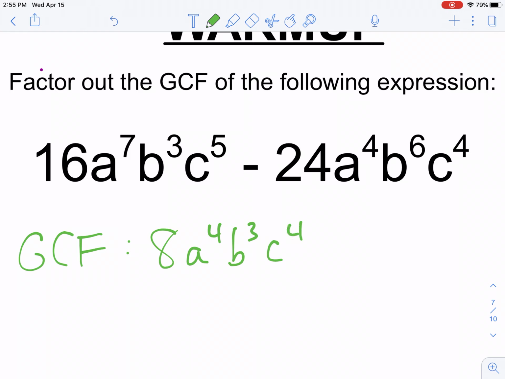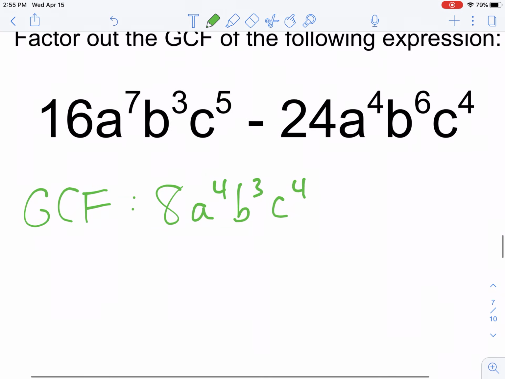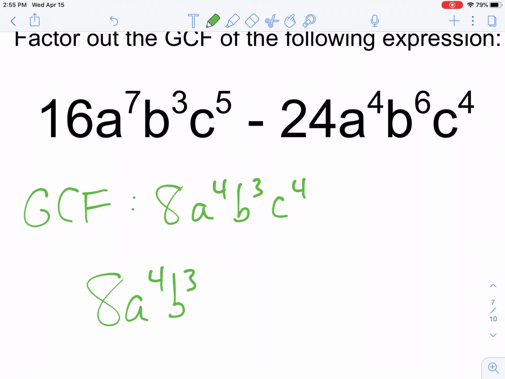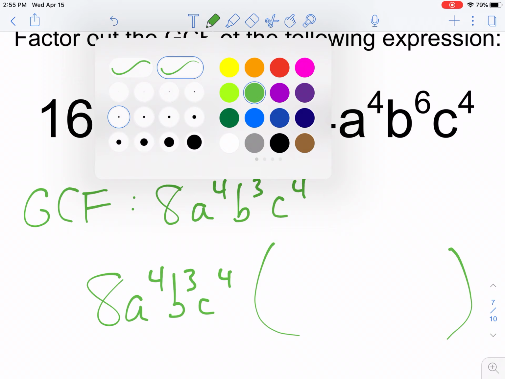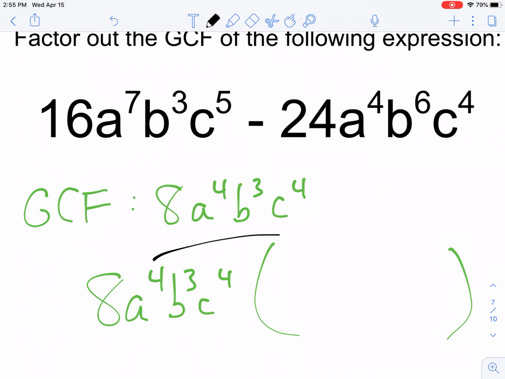You're essentially taking the one with the lower exponent, because that's the maximum number of things they have in common. So then we write this whole thing on the outside of the parentheses, and then we have to write on the inside of the parentheses what we would need to multiply by to get back our original expression.